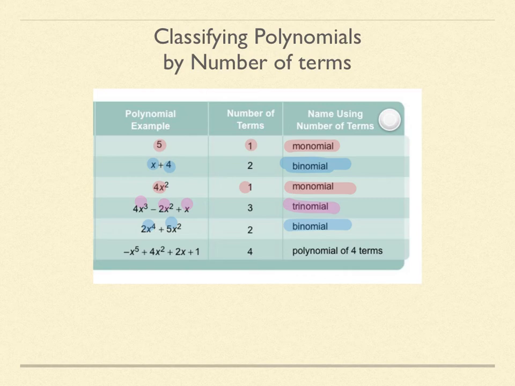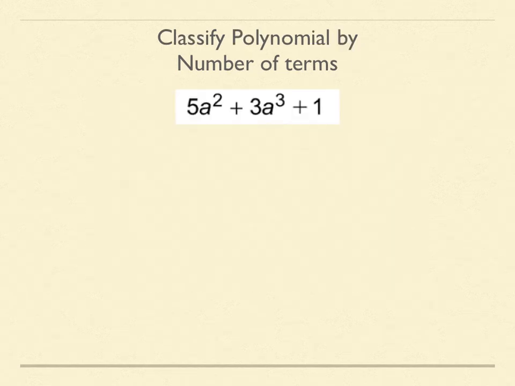So in the last row, I guess the 6th row here, we have 4 terms, and we say it's a polynomial of 4 terms. If we had 5 terms, it would be a polynomial of 5 terms. So 4 or bigger, you just list it as a polynomial of however many terms you have.